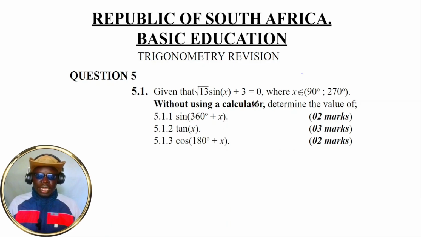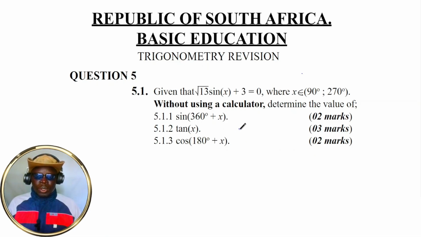Without using a calculator, determine the values of: first, sine of 360 degrees, carrying 2 marks; next, tan x, having 3 marks; and lastly, cosine of 180 degrees plus x, carrying 2 marks. In total, we have 7 marks for this question.